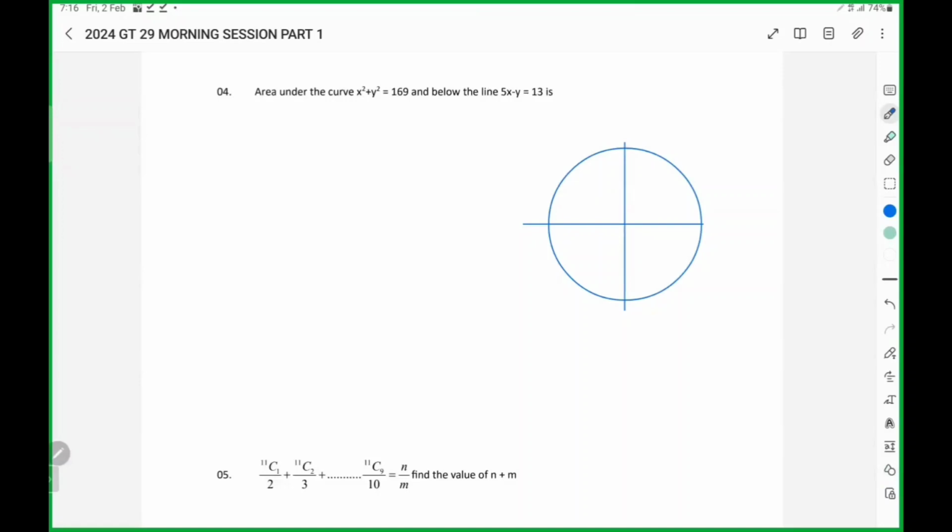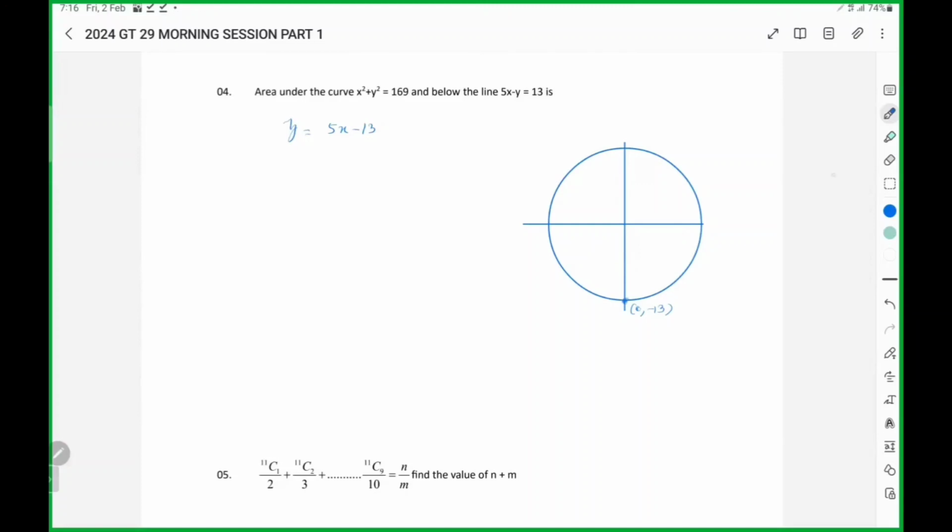And the line y equal to 5x minus 13. So where this line intersects the y-axis, put x equal to 0, exactly where the diameter intersects the circle, meaning this is our end.